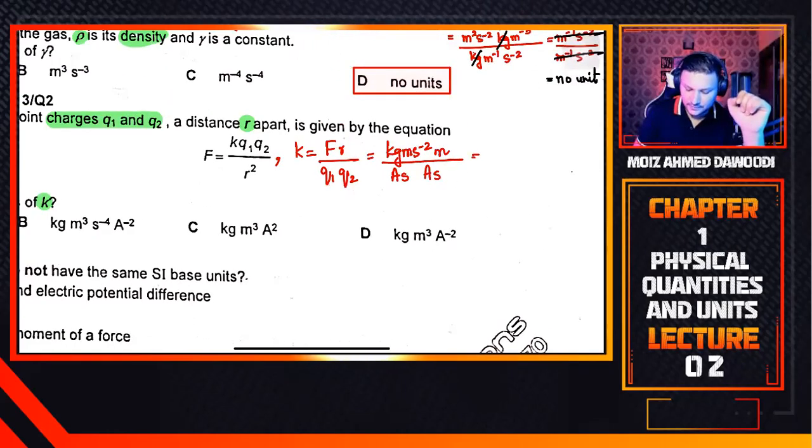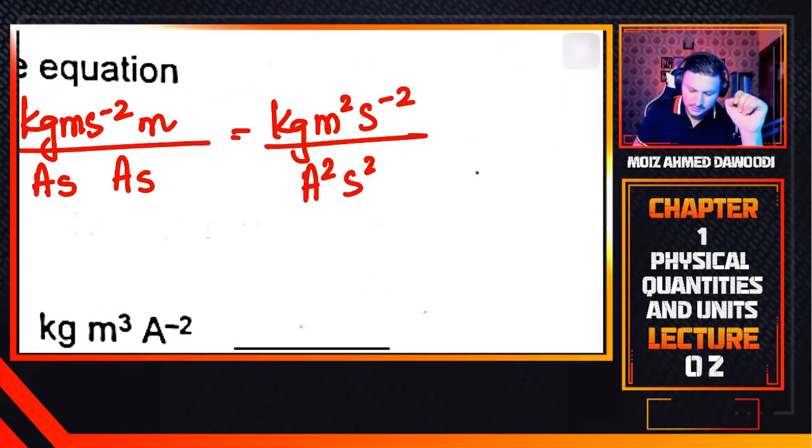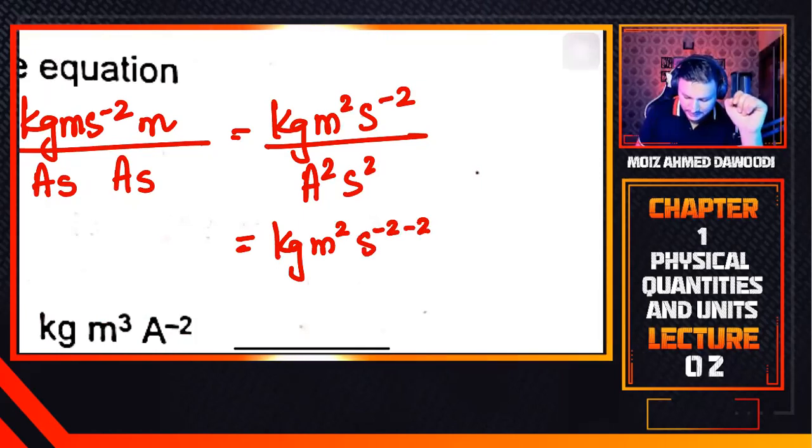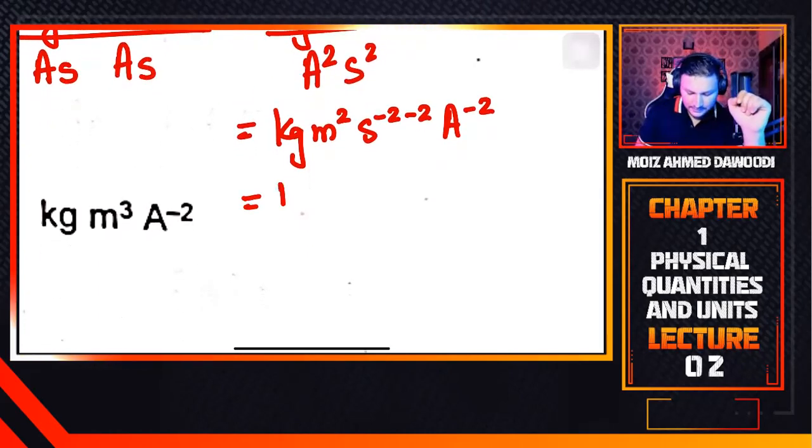So what will happen? kg m^2 s^-2, and what is left below? A^2 s^2. That means kg m^2 s^-2 s^-2 A^-2.